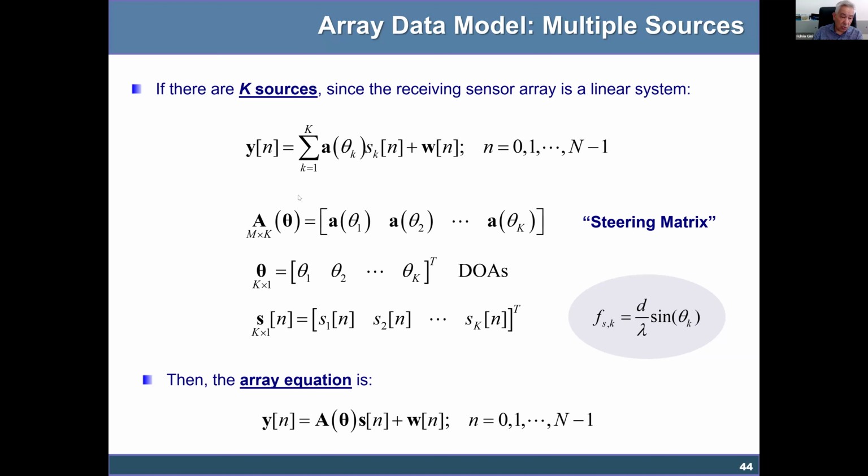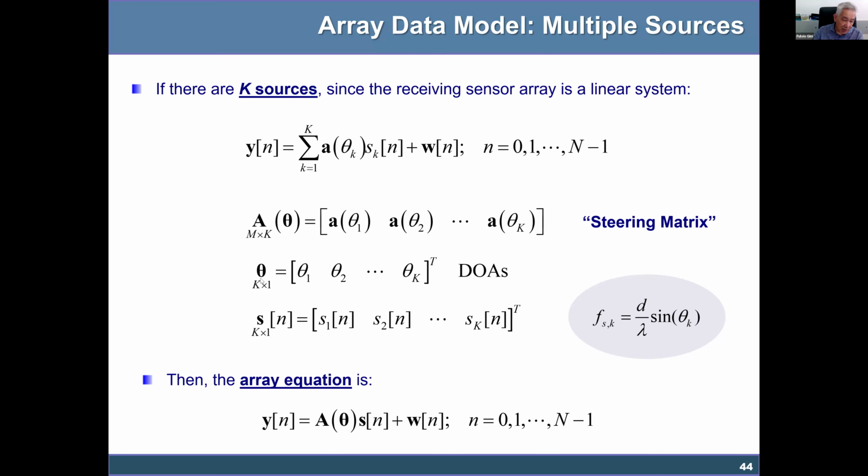So how do you build the steering matrix? The first column is the array response calculated in the direction of arrival of the first target. The second column is the array response calculated at the direction of arrival of the second target, and so on. So you have k targets, k sources, k columns.